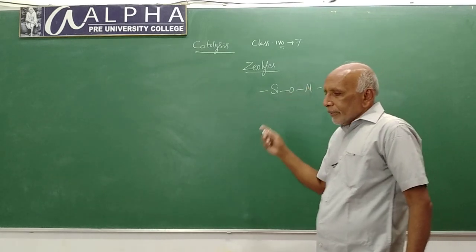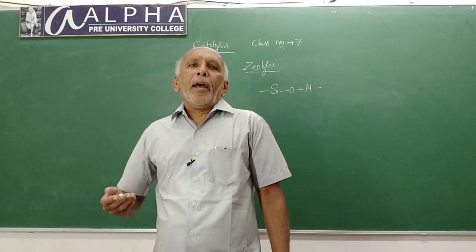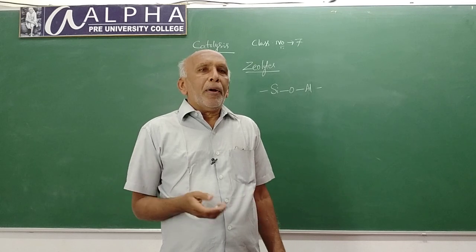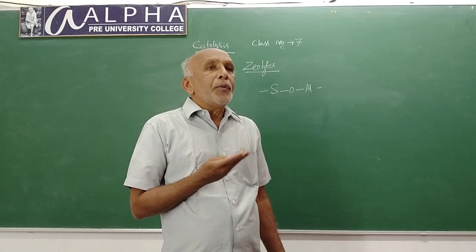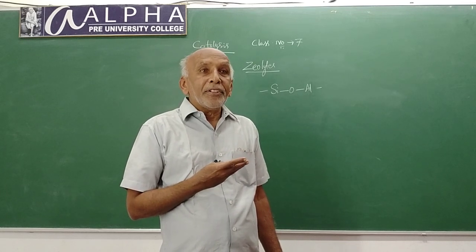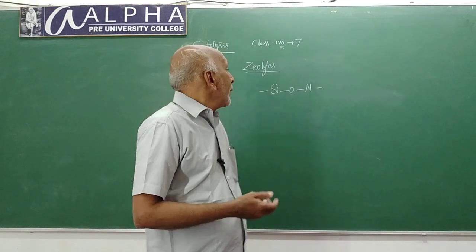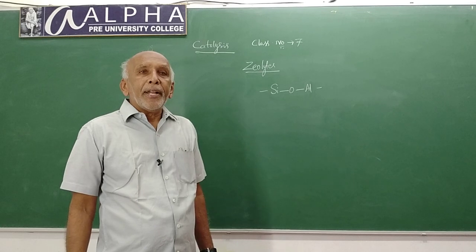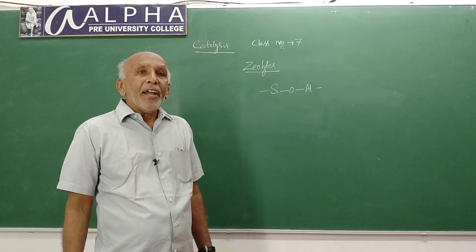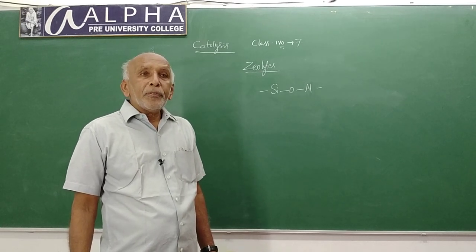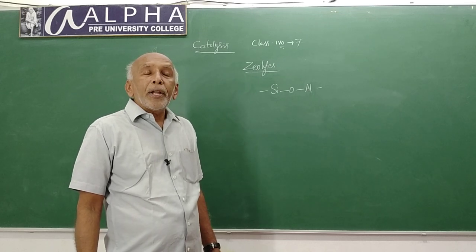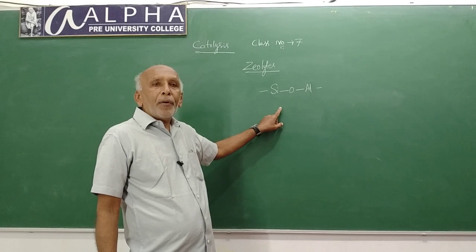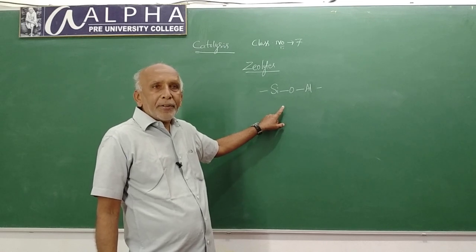See, these zeolites have a honeycomb-like shape or network. That's why they act as shape selective catalysts, because they have a honeycomb shape or structure or network.